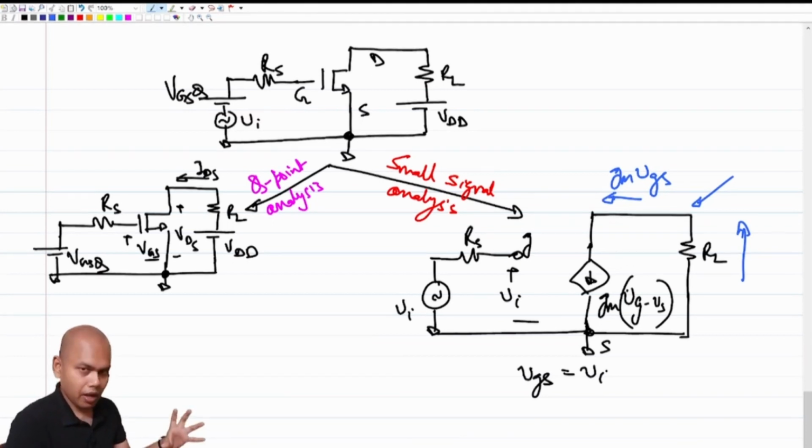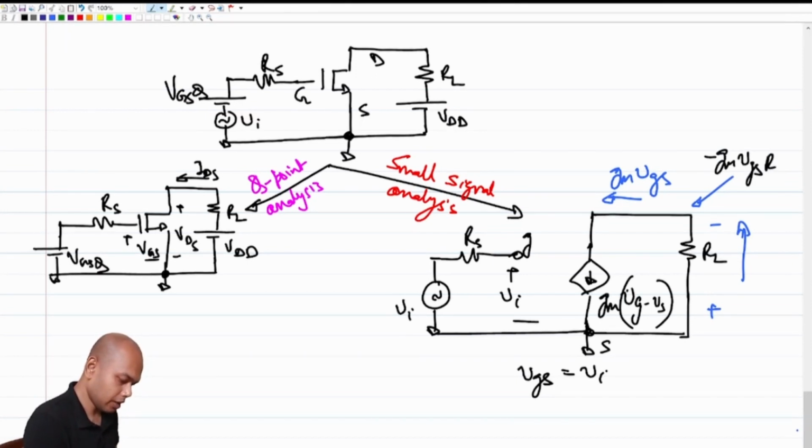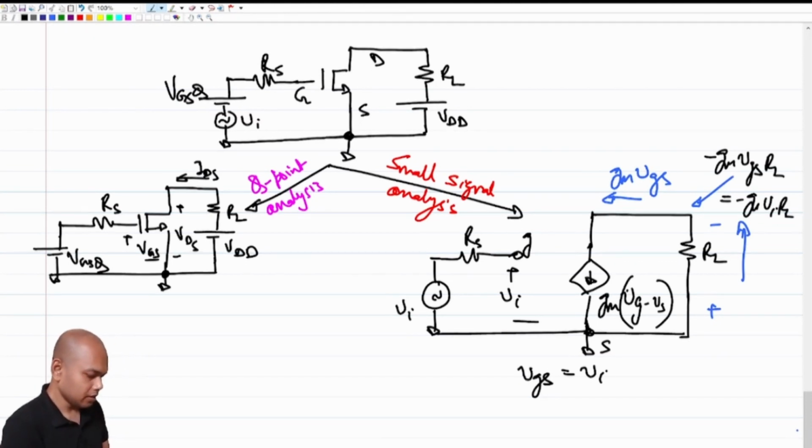What is the drop across RL? The drop across RL is gm times VGS, but in which direction? In this direction. Since the bottom side of RL is grounded, this voltage will be minus gm times VGS times RL, correct? Or in other words, equal to minus gm times vi times RL, right?